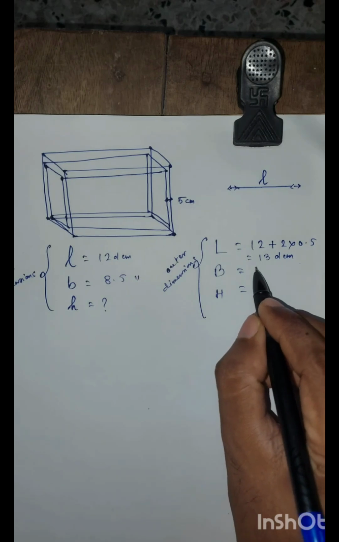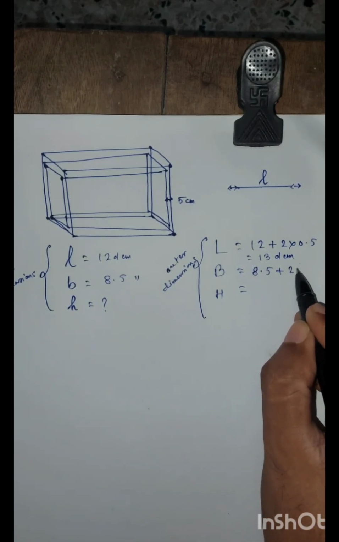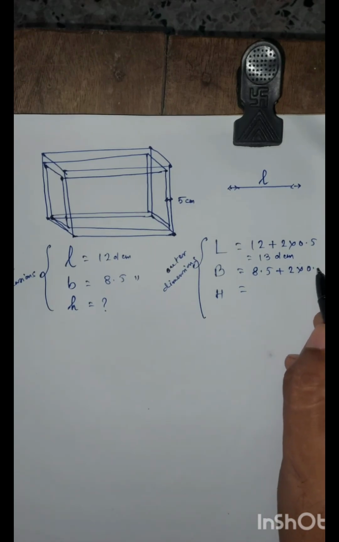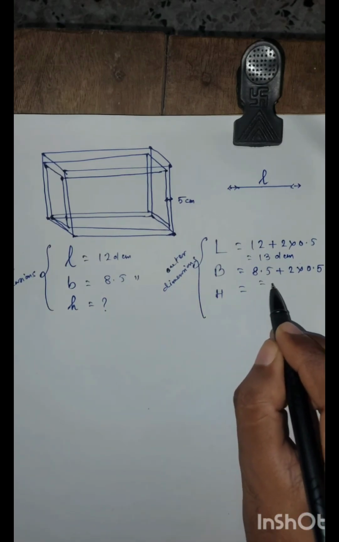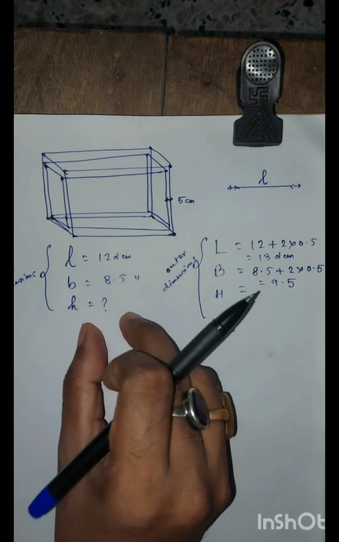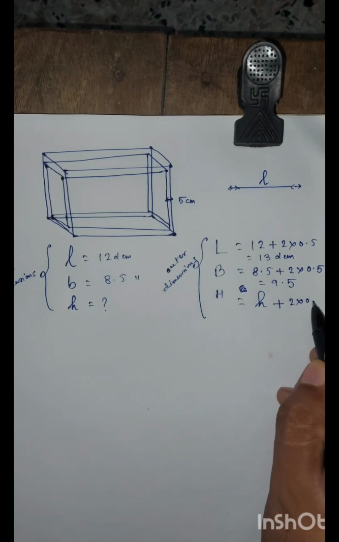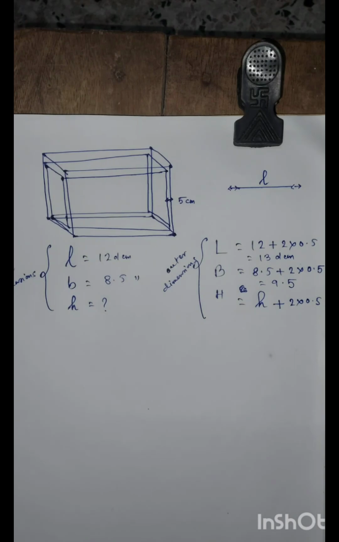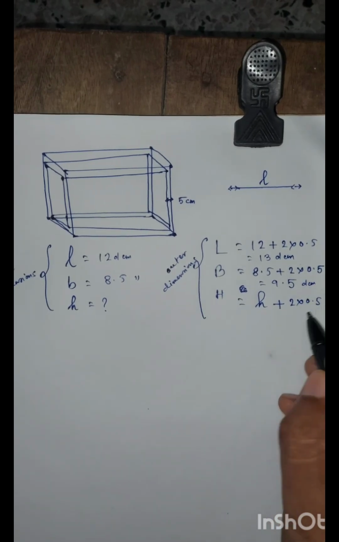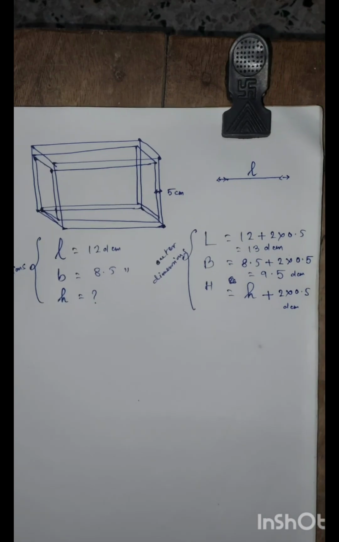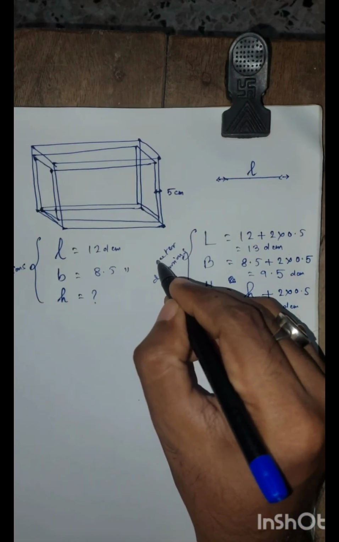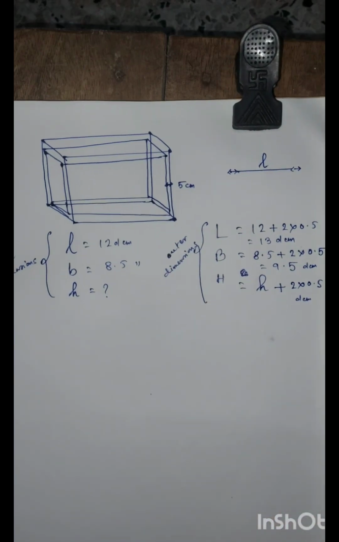Breadth, similarly, thickness 2 times should be added, and height we are going to find out, which should be equal to inner height plus 2 into 0.5. I think this is clear to you.